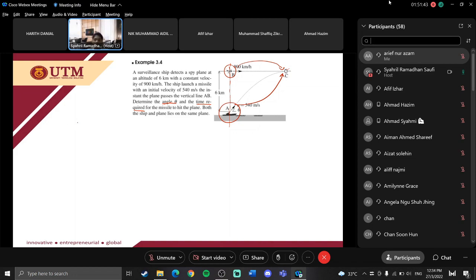So distance A to C is equal to B to C, horizontal distance, and time A to C is equal to time B to C. This is the relationship on how the missile can hit the plane.